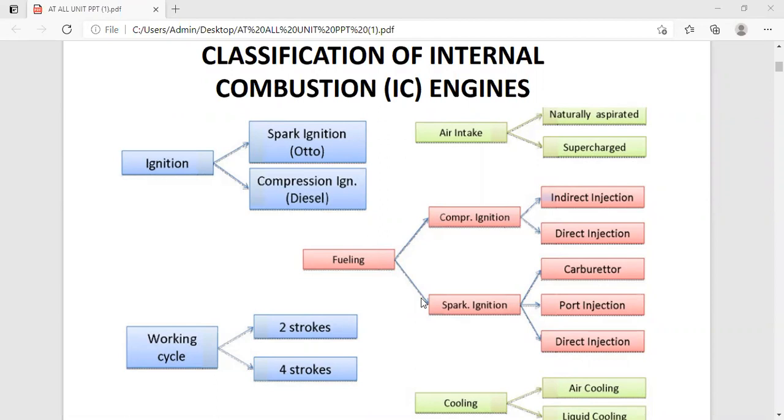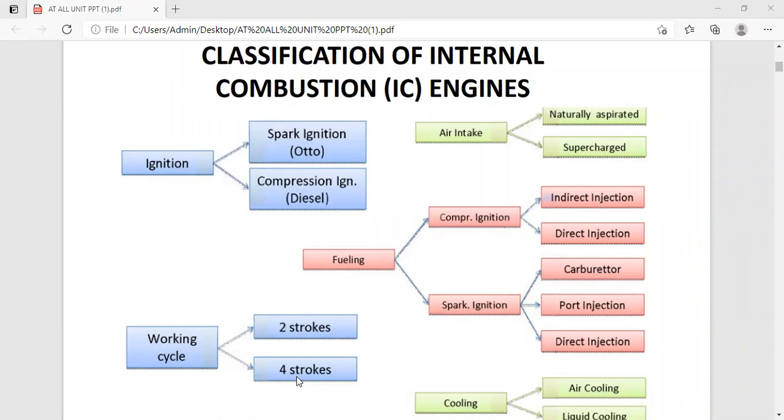Alcohol engine means ethanol, methanol. Gas engine means we are using CNG and LPG. So as per the fuel we are using, we classify the engines. According to the stroke per cycle, we classify them as 2-stroke and 4-stroke.